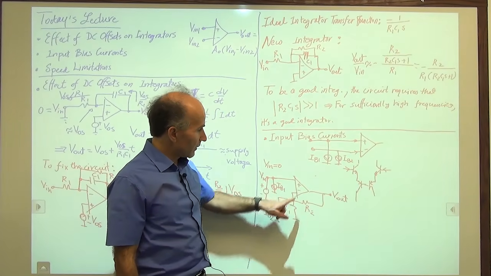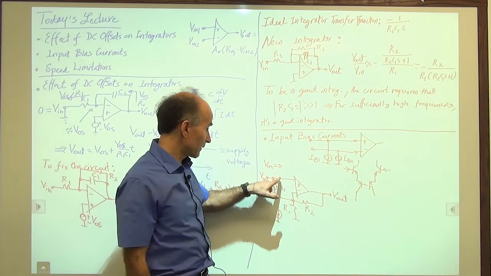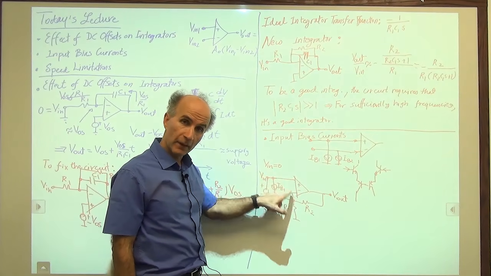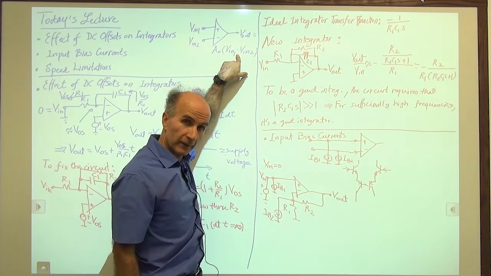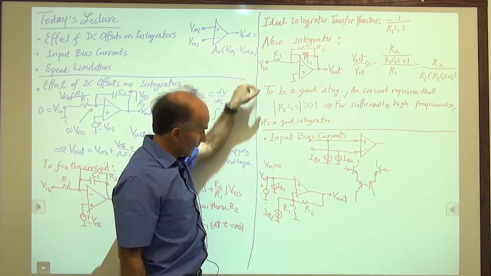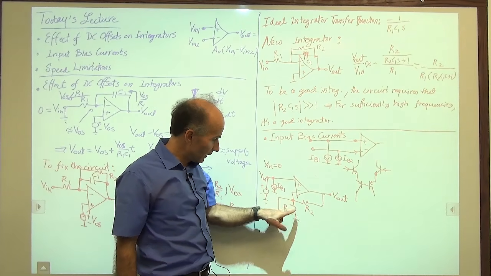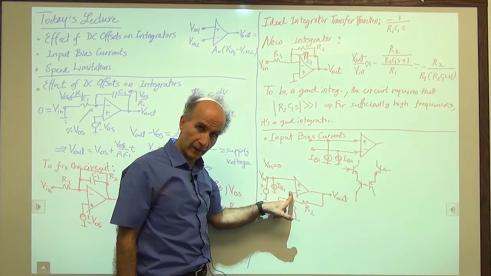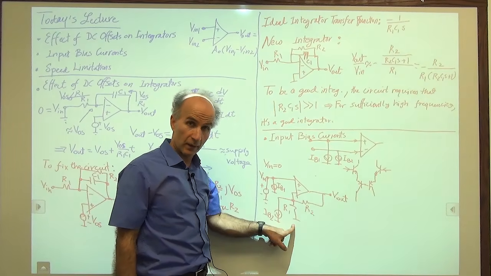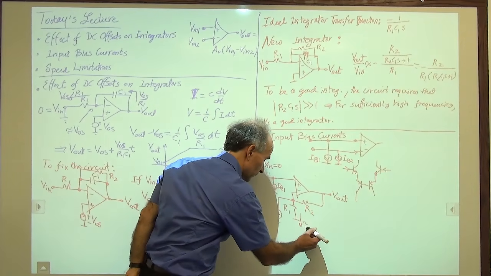Okay, but again, remember, if the op-amp has a high gain and this voltage is 0, then this voltage is also close to 0. Going back to the fundamental property. So R1 has 0 on this side and approximately 0 on this side, so the current through R1 is also approximately 0.